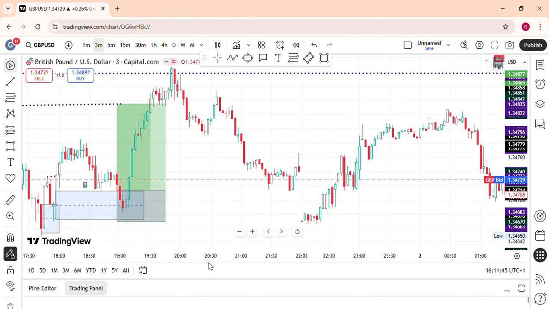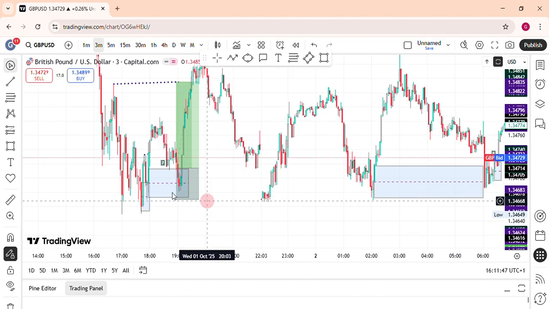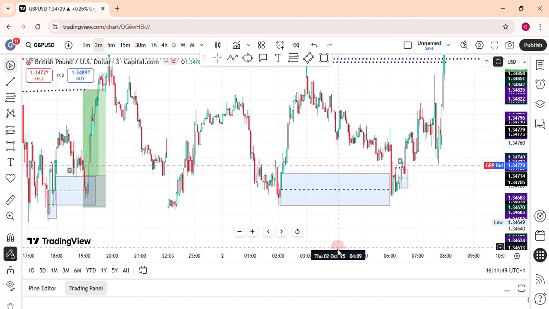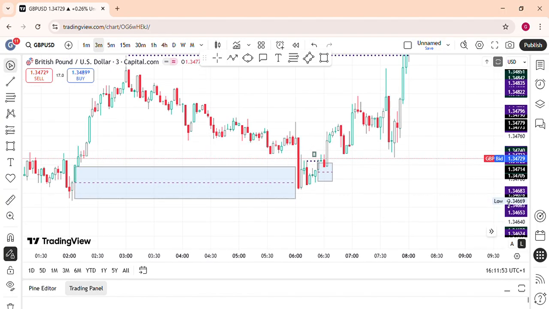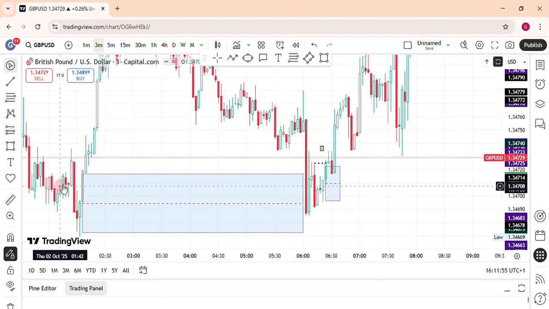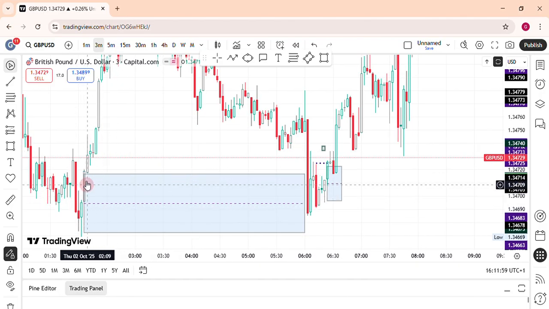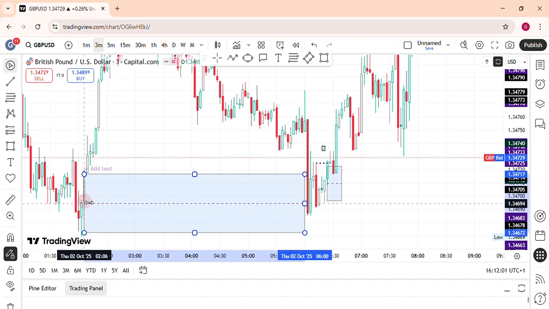The next on our list is our trade number 8. Our trade number 8 happened to be a clear bullish trade, a point of interest from this fair value gap here. We have a point of interest here, which is our fair value gap.